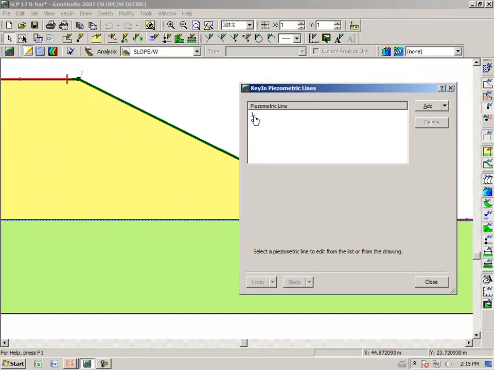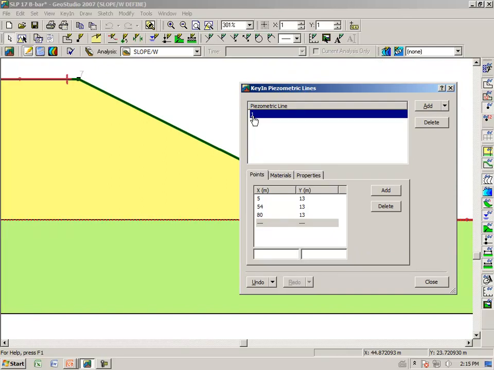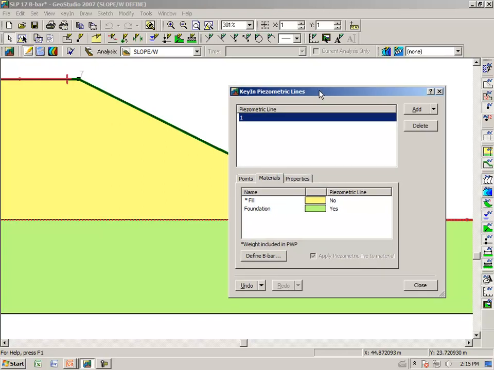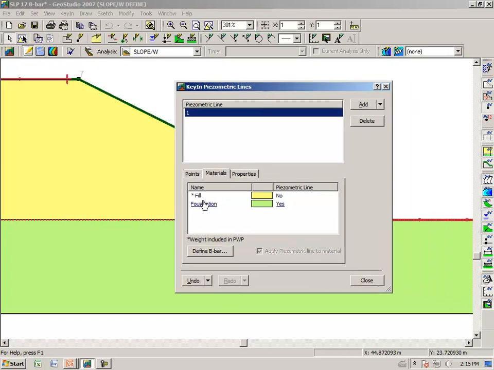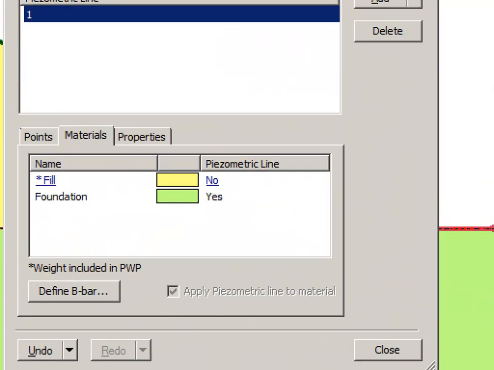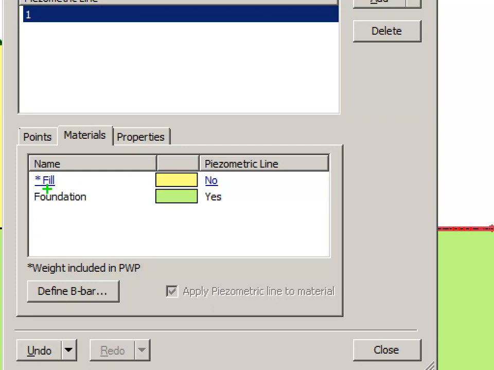We have defined one piezometric line, and under the Materials tab we see that the piezometric line does not apply to the fill. The piezometric line, however, does apply to the foundation. So piezometric lines can be identified with certain material types.